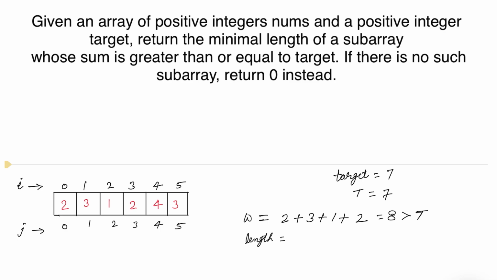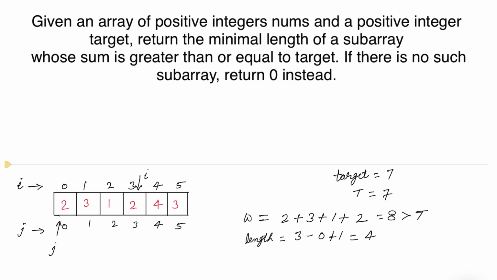So till what position has it gone? Till here, I will represent this with I, and the first position I will represent with J. That means it has gone till the fourth element, 2 3 1 2, and then its sum has become more than or equal to target. So the length here is 4. According to index, the length is last index 3 minus starting index plus 1, equal to 4.